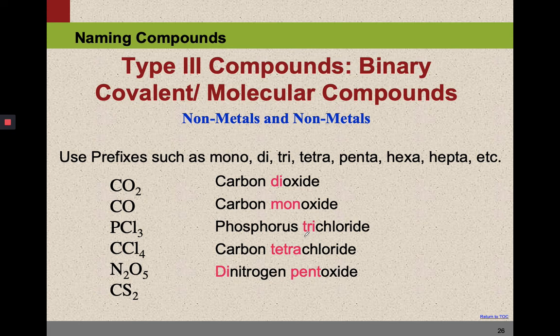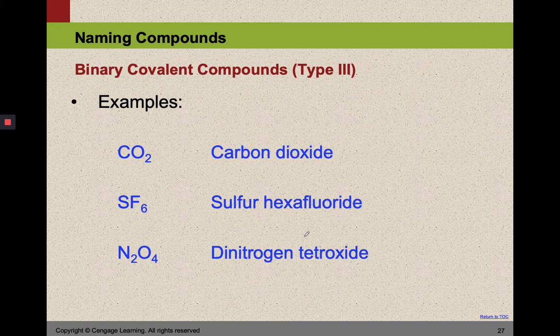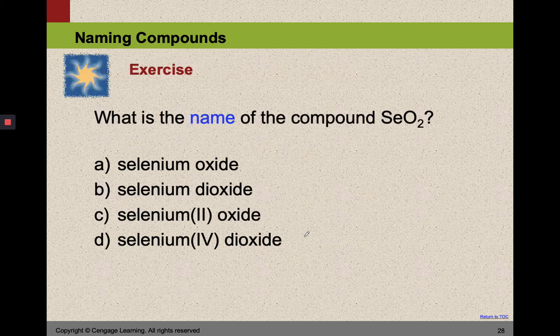We drop the A if we have adjacent A and O together, so we do not say pentaoxide, we say pentoxide. This one is carbon disulfide. So here are a few more examples: sulfur hexafluoride and dinitrogen tetroxide. Just a very easy topic.